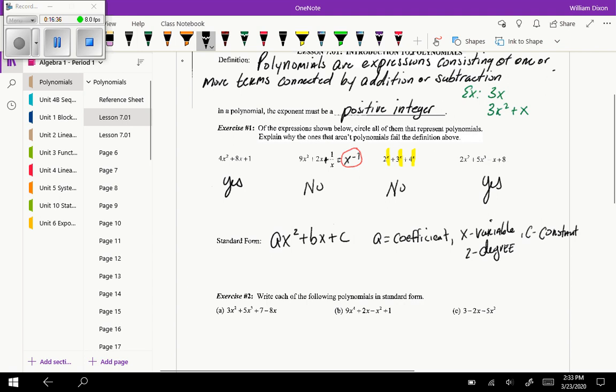All right, something that's important, and it's not stressed as much as it used to be, is that your polynomials should be written from the highest degree to the lowest. Remember, this is the degree. From the highest degree to the lowest.